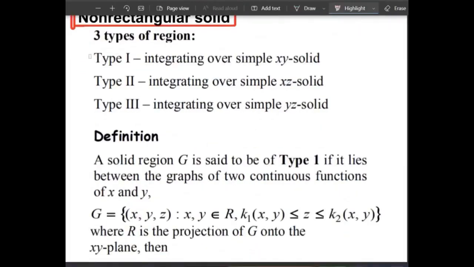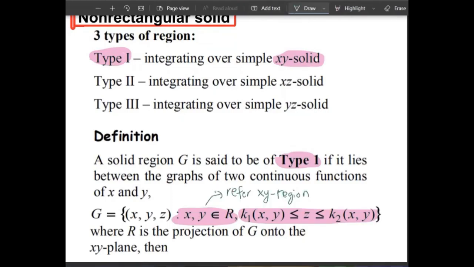So class, if we talk about type 1, meaning that the region lies on x and y. You have to get the limit for z: z between k1(x,y) and k2(x,y). And for xy, the limit is the same as in a double integral, so you go back to your double integral and refer to the xy region.